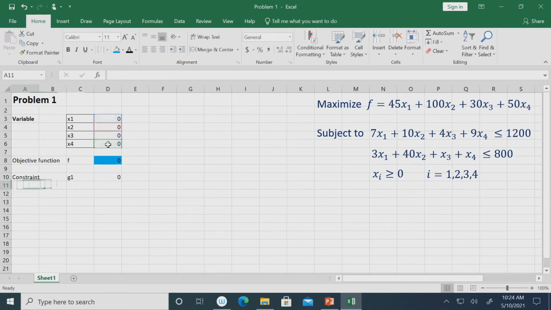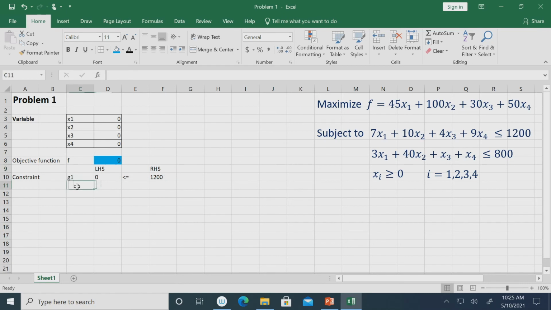Okay. So, I have defined here 7 x1 plus 10 x2 plus 4 x3 plus 9 x4, and this is a less than equality type constraint, and this must be less than or equal to 1200. Okay. So, this is my G1. I can say this is the right hand side and this is the left hand side.